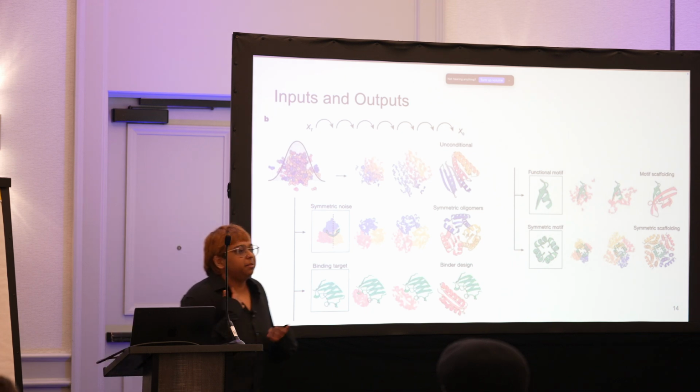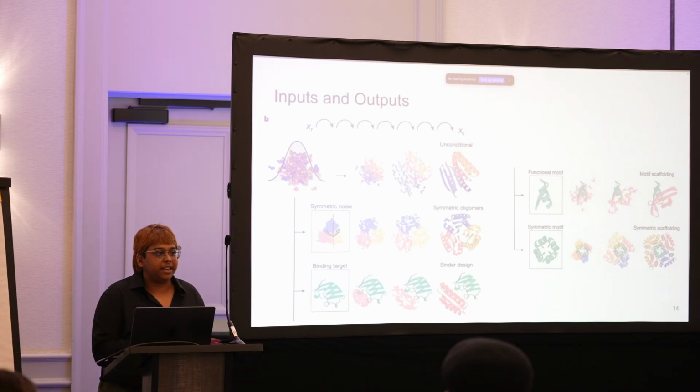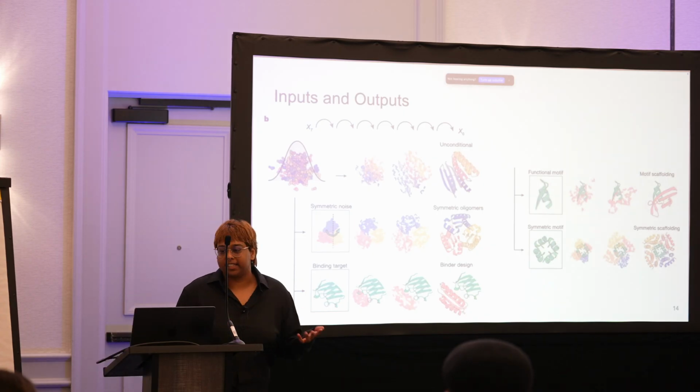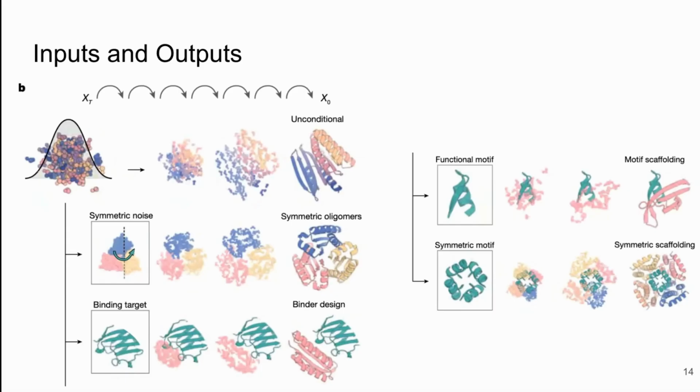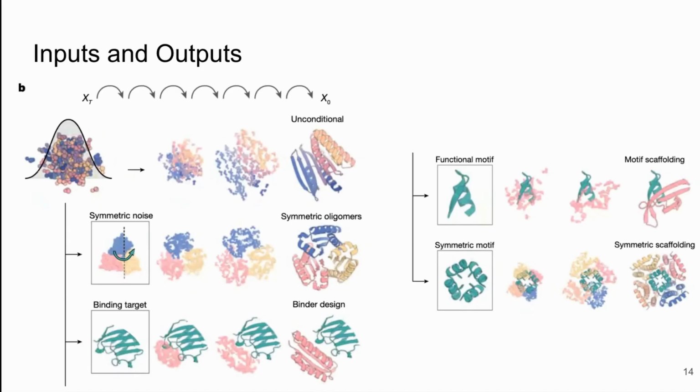Cool, and since the input to diffusion is just a noise distribution, we can modify this noise distribution to make it do more useful tasks for us. If you give it just Gaussian noise, it's going to generate an unconditional, so this is called unconditional generation. It'll create a monomer of a protein backbone. If you want it to generate, say, a symmetric protein, you can give it symmetric point clouds and ask it to denoise these.